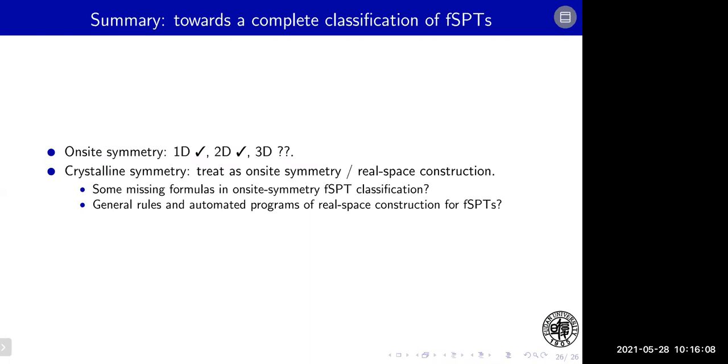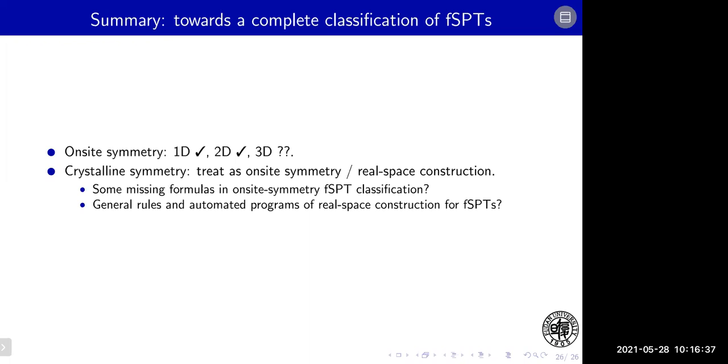To summarize, the progress is that we know how to compute on-site symmetry classifications for 1D and 2D fermionic SPT phases, but there are some corner cases for 3D classifications that we still don't know. Because of that, we can't use the on-site symmetry classification results for crystalline symmetry SPTs in 3D.